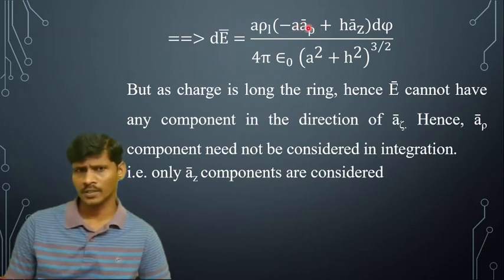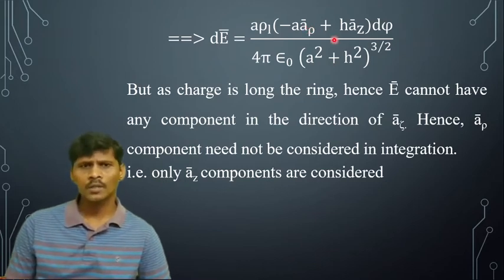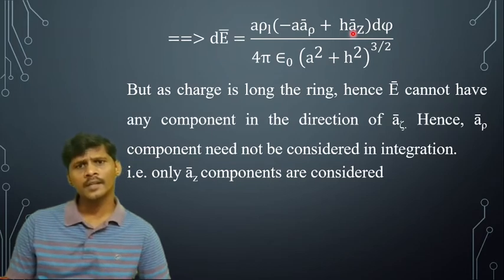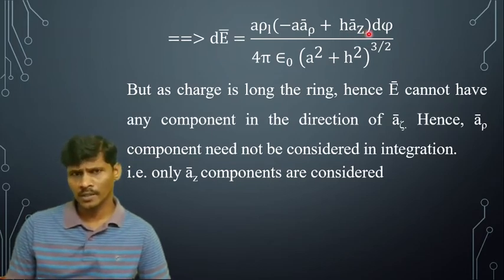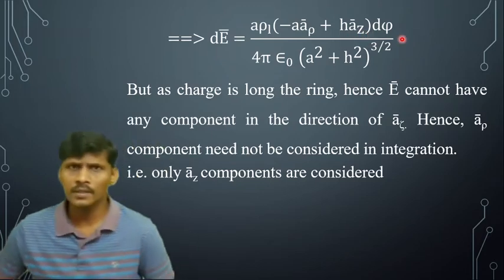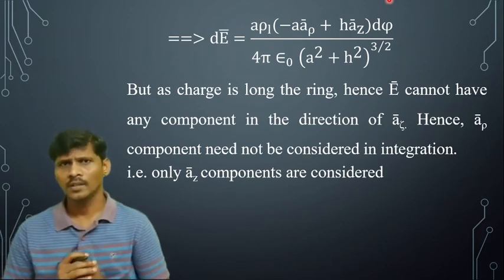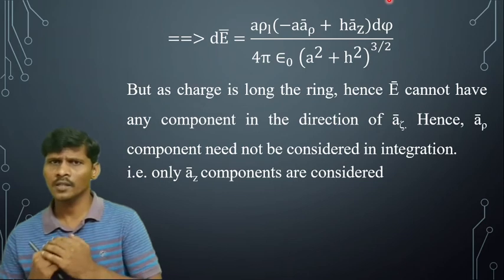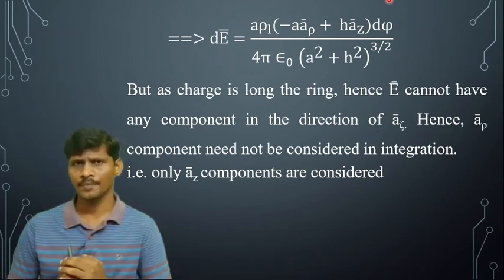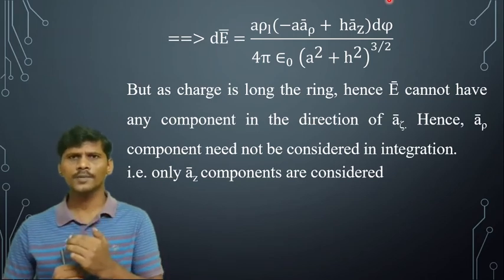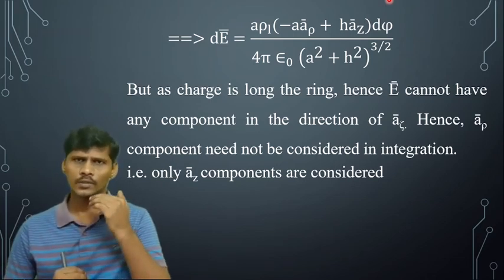In this expression there are two unit vectors, or two components. What are the two components? One component is the a rho bar component and the other is the az bar component. Out of these two components, consider only one component and neglect the remaining component. Here, which components are considered and which are cancelled? From the figure in this example, the electric field intensity is calculated on the z axis.